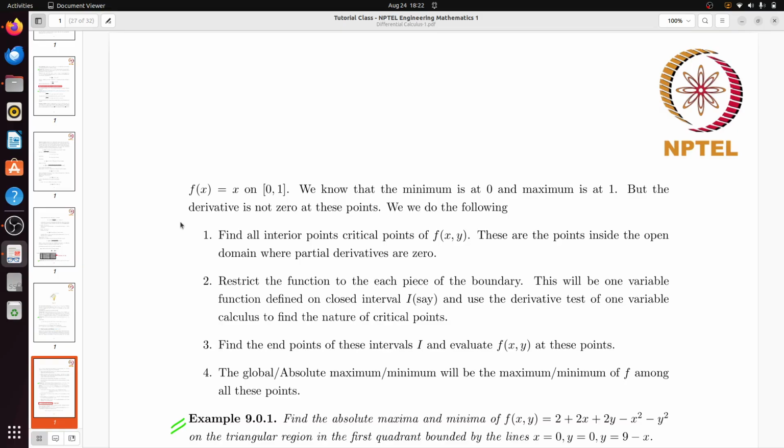First what you will do, you will take fx and fy, equate them with 0 and try to find out the critical points first.